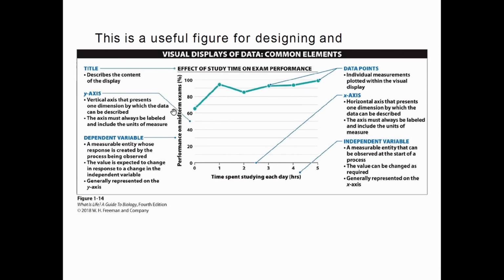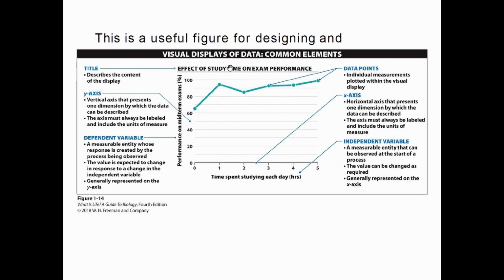We have the y-axis here, performance on midterm exams, so what score did these people get? And this is always going to be a dependent variable, or almost always is a dependent variable, which is down here. Basically, we have no control over it; we're not going to change these numbers. These numbers, the scores, are dependent on the study time.